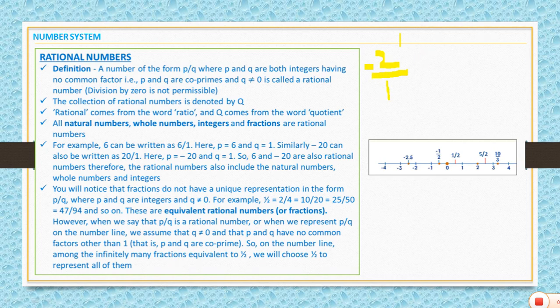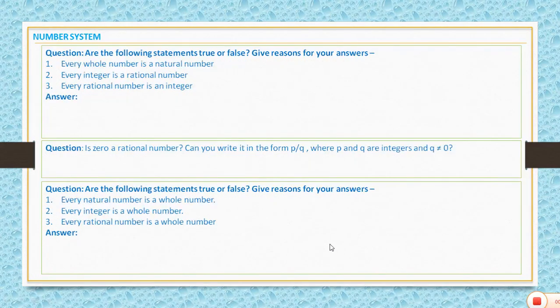So all the integers can also be rational numbers. Moving towards fractions, you already know this fact. 4 by 3. If this is the fraction, this is already in the form of P by Q, right? So all the fractions are rational numbers. Moving towards the next slide, I have certain questions for you.